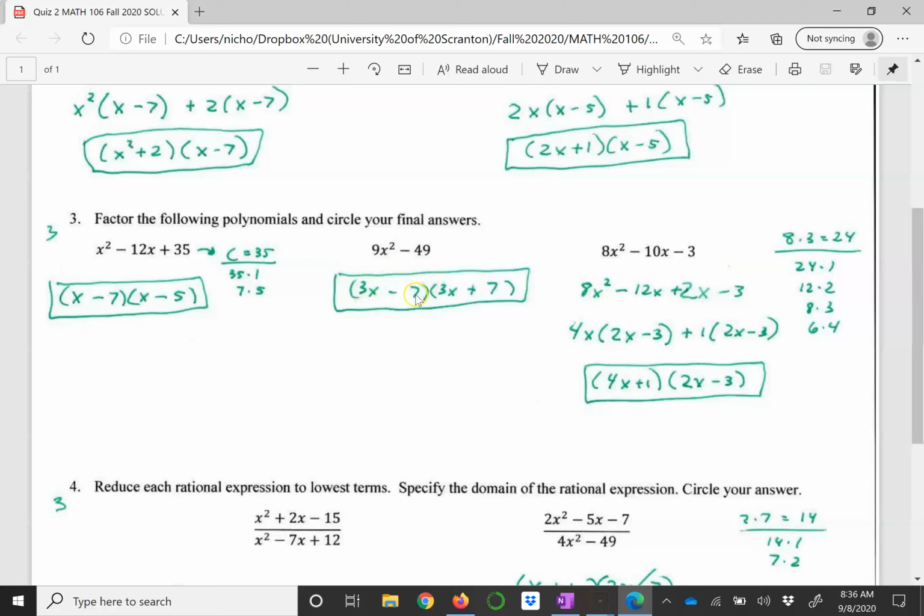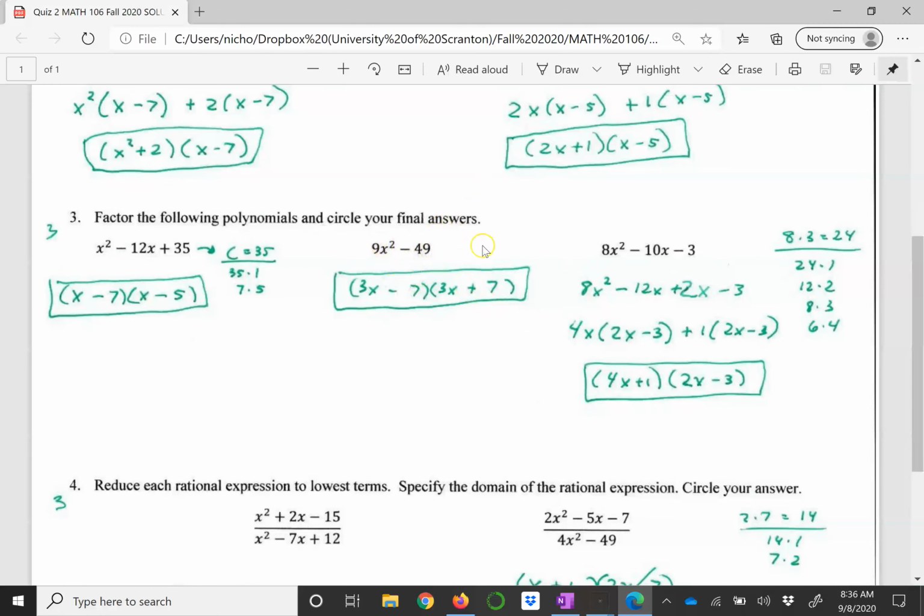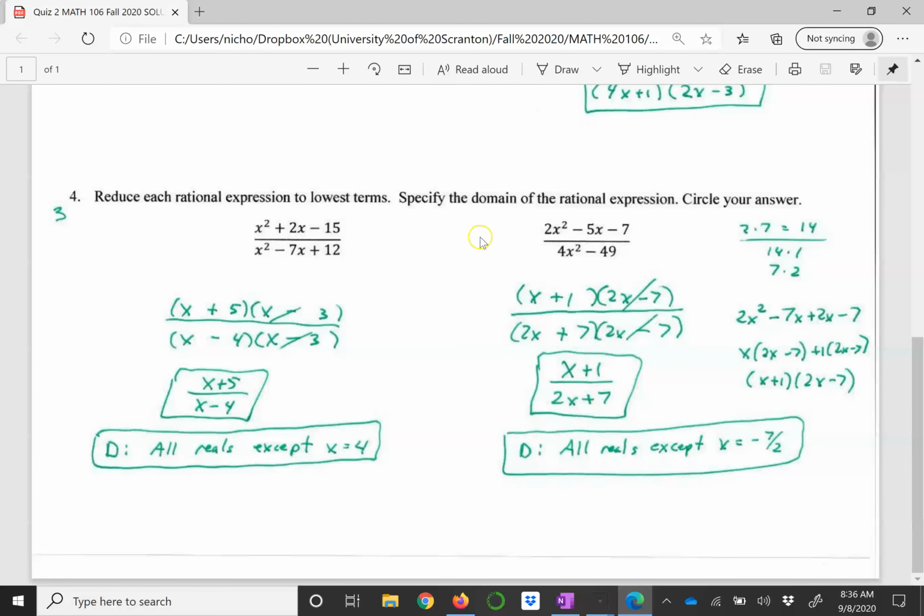So all you have to do is put the 7s on the end of the binomial, the 3x's in the beginning, and then put a negative and a plus, or plus negative. It doesn't matter the orientation of those signs. So if you see 2 terms, that's probably what you're going to do, the difference of squares.